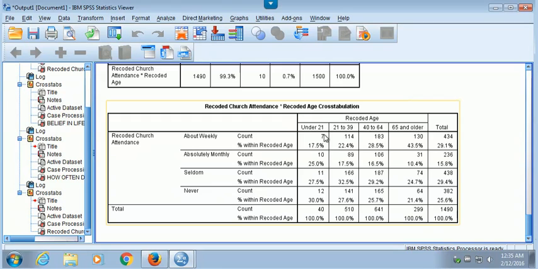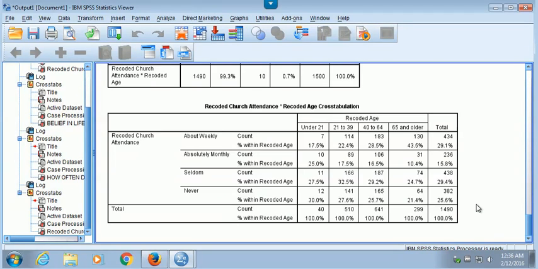Our independent variable now has 4 categories. Our dependent variable also has 4 categories. So you're seeing many more cells in this box. As the categories increase on both the variables, you will see more cells. That's why in certain cases crosstabs may not work, and we'll talk about that later in the semester.